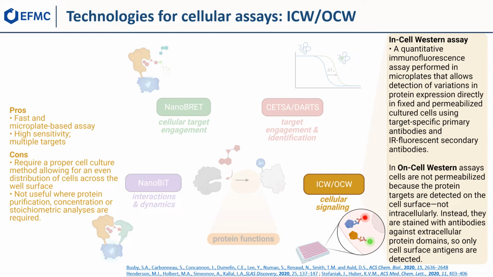Both assays are fast and microplate-based, as we said, and they are characterized by high sensitivity and versatility. Yet, they both require a proper cell culture method allowing for an even distribution of cells across the well surface, and they are not useful where protein purification, concentration, or stoichiometric analysis are required.